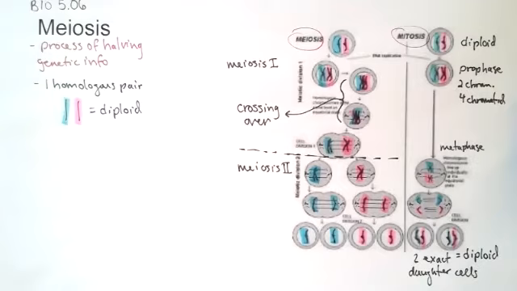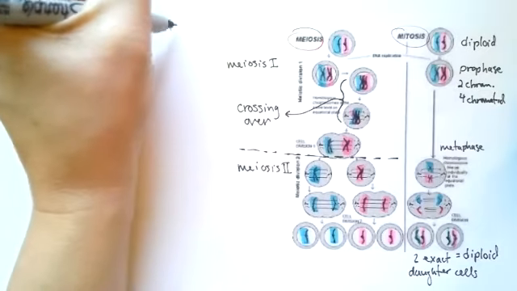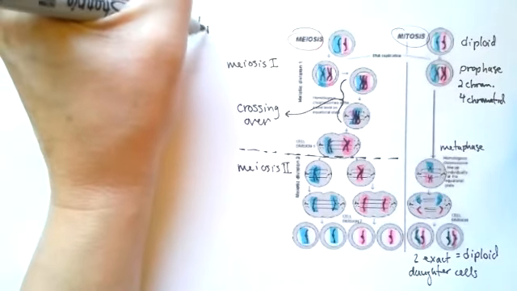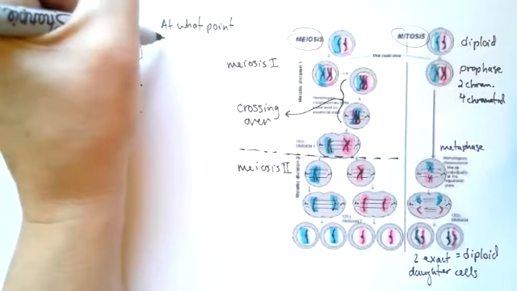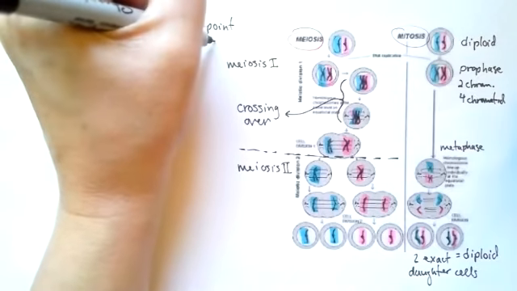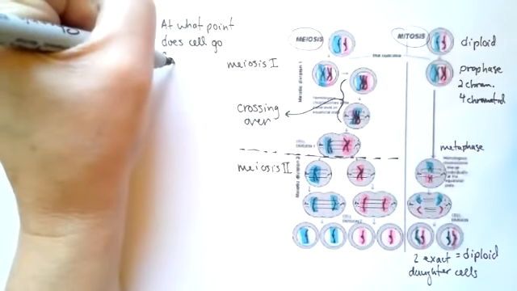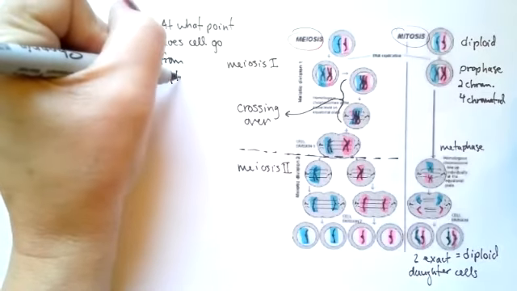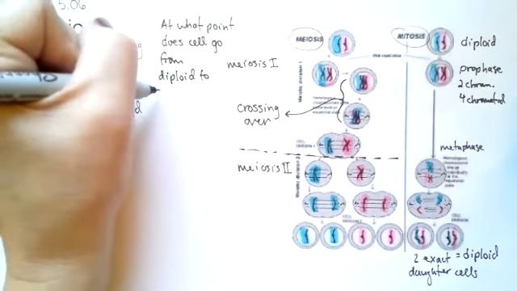At what point in this process, let's write this down, this is important enough, does the cell go from diploid to haploid?